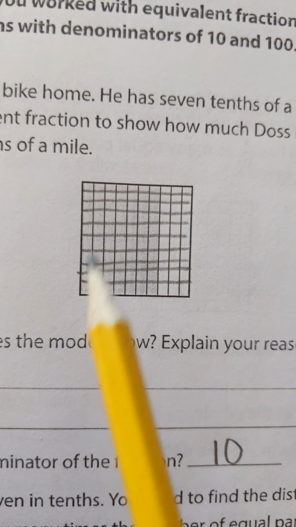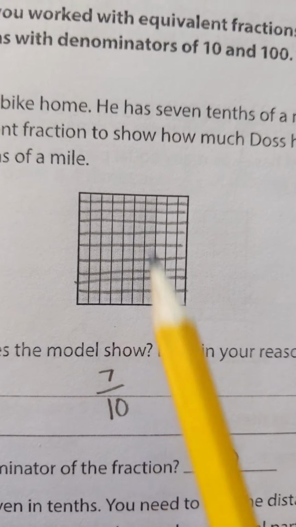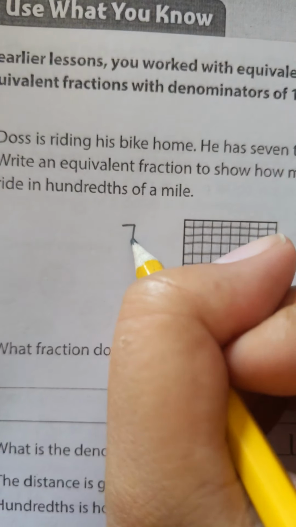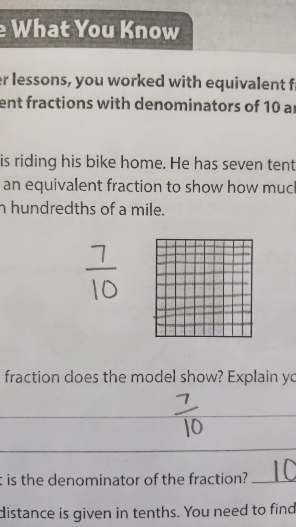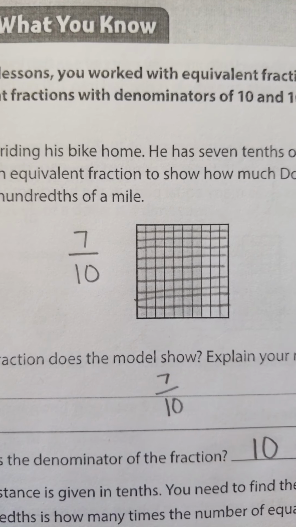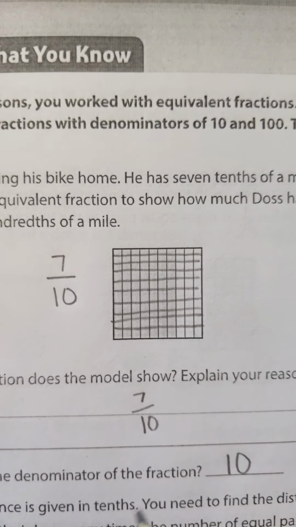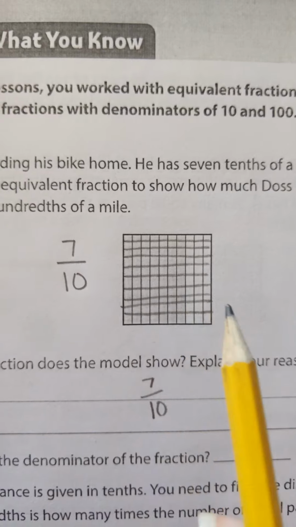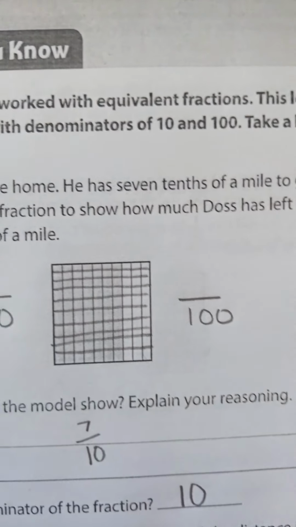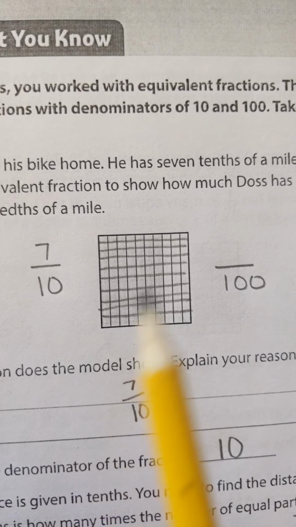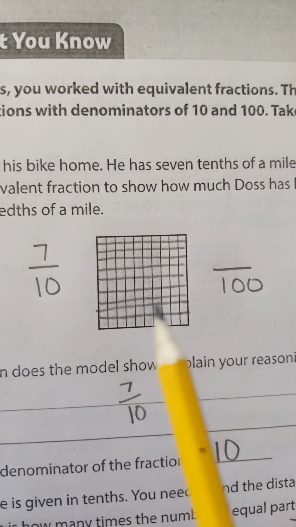We started with 7/10. Okay, that was before I drew my lines, 7/10. Then I cut my pieces up differently, and now I have 100 pieces. So my size has changed.